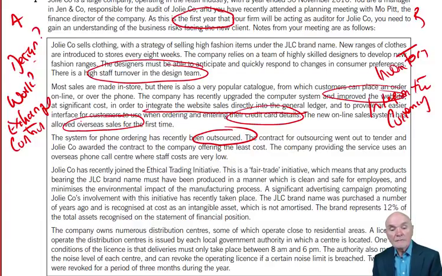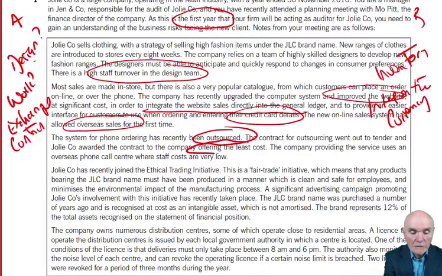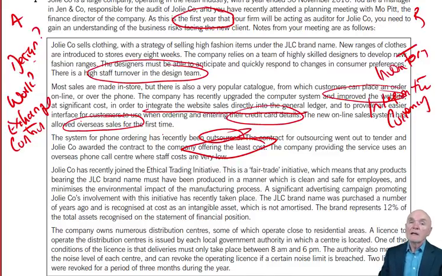And then there's bad news really. The contract for outsourcing went out to tender, and Jolie awarded the contract to the company offering the least cost. So it builds on this outsource risk for the business. What happens if we outsource to people who aren't very good, who maybe alienate our customers, who maybe don't take orders properly, record them properly, and the like?